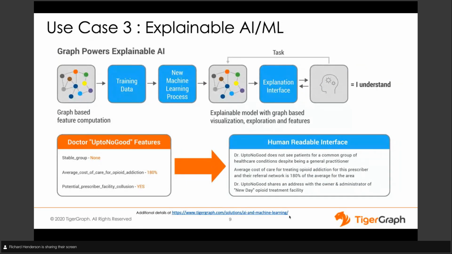Explainable AI and ML. So one of the important things is if you're going to start making decisions about whether somebody's allowed to buy something or not buy something, it's very important that you can explain that decision. Now, when you have a lot more features, because you're looking at this extended context around information, then it means that you can use simpler ways of using machine learning in order to decision or to explain things.